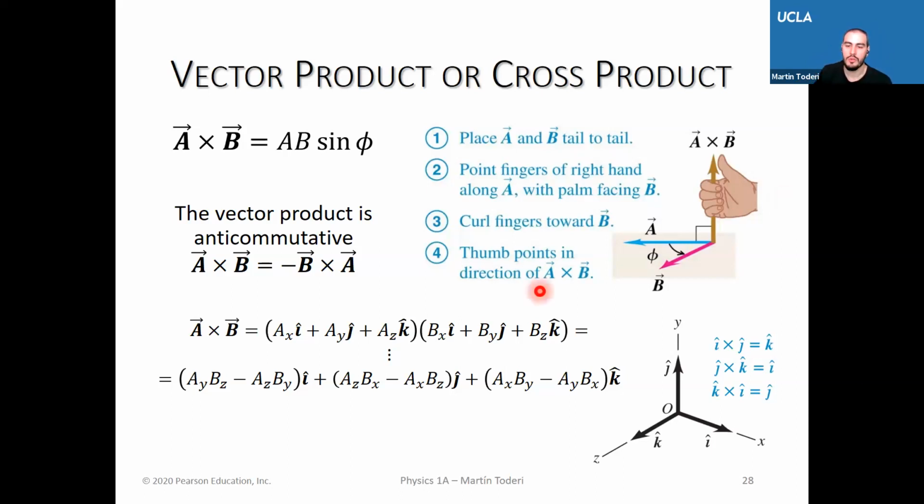So again, this is very, very common in physics. These two, vector product and scalar product, are widely encountered in physics. And of course, we can look at the components of each vector, and we can do the multiplication term by term. So if we write these vectors A and B in their components with the unit vectors i, j, and k, we can just distribute the product.